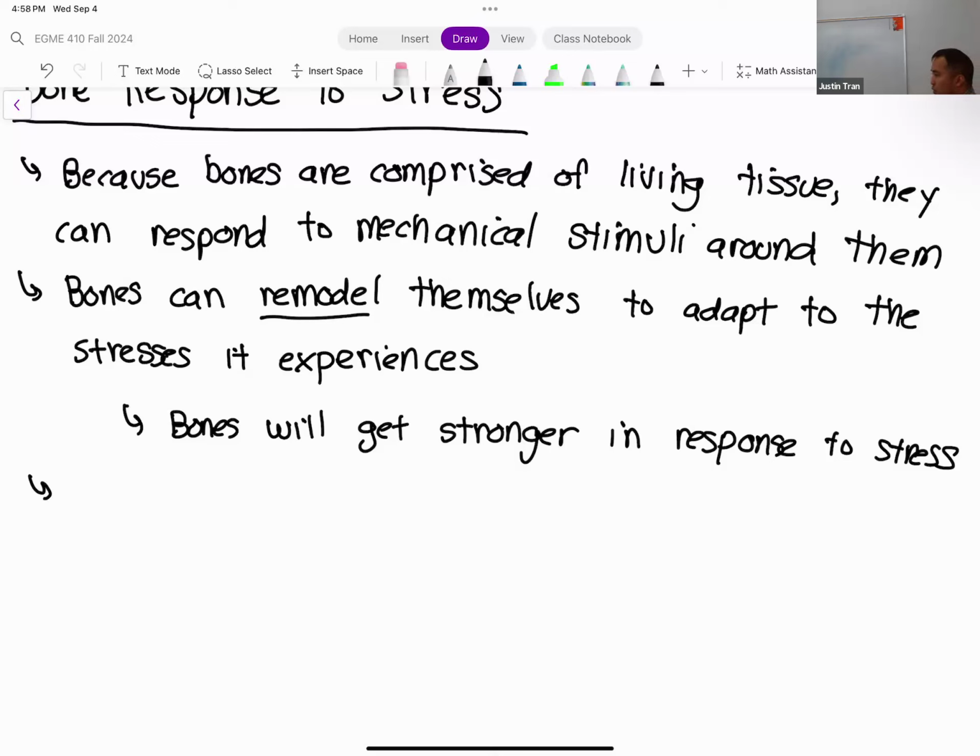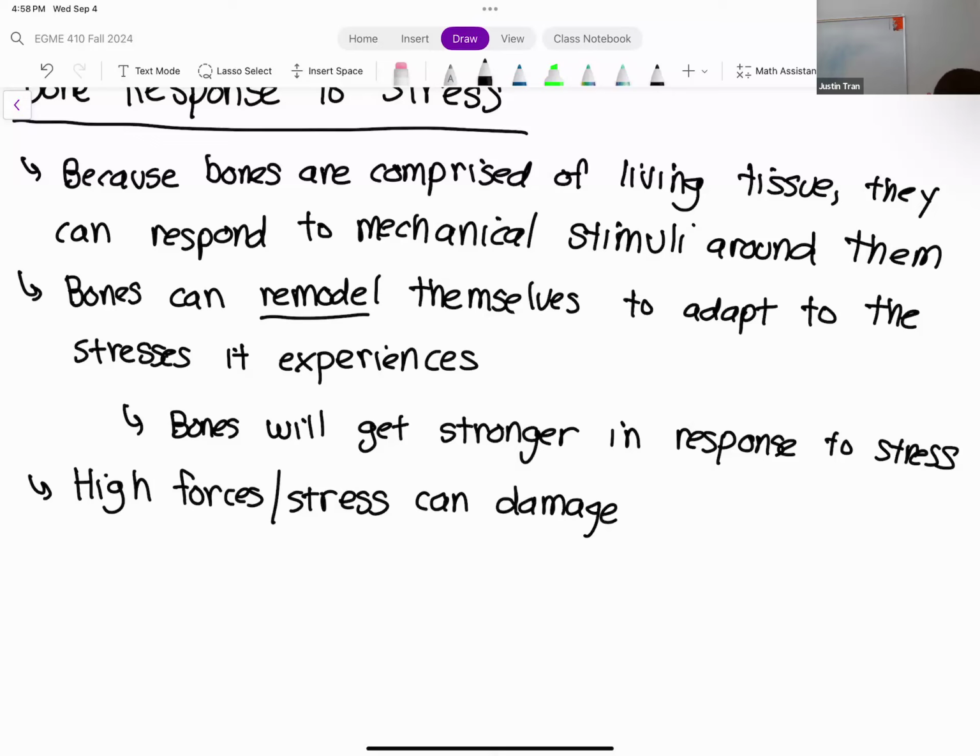So when you expose your bones to high amounts of stress, it damages some of the bone cells within the body. And in response, your body will then take those damaged bone cells and almost dismantle them, or take them apart, through a process called resorption.